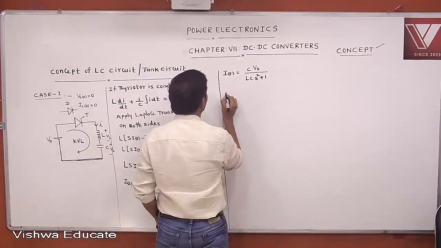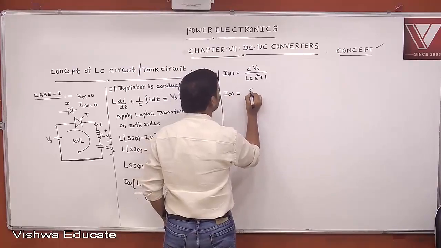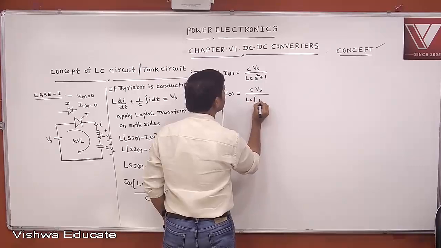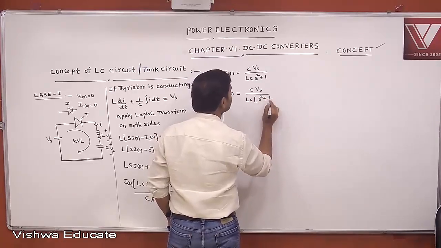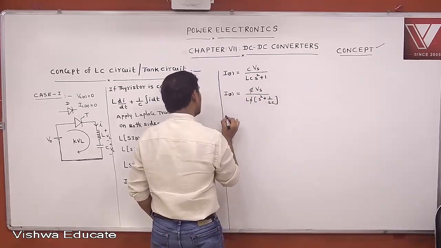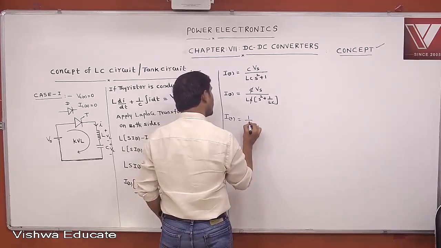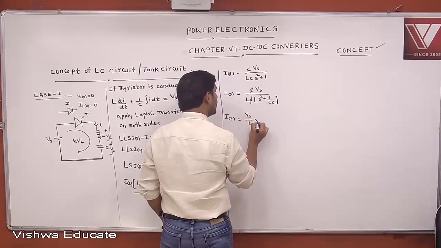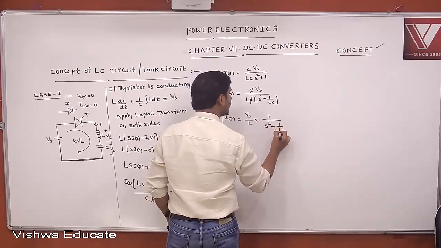Then I of s equal to, take LC common, C Vs by LC, s square plus 1 by LC. This you write. C cancels. Then I of s equal to Vs by L into 1 by s square plus 1 by LC.